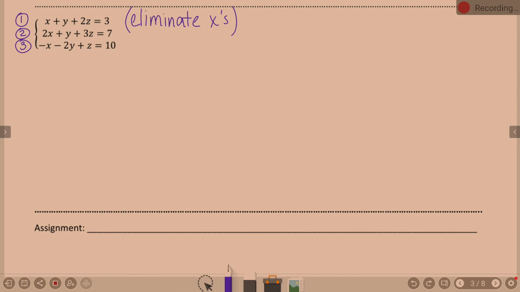Yeah, it helps me personally. Okay. Let's get the easy one out of the way. What's the easy combo to eliminate x's first? 1 and 3? Because you have a positive 1x and a negative 1x. So let's go ahead and start with 1 and 3.